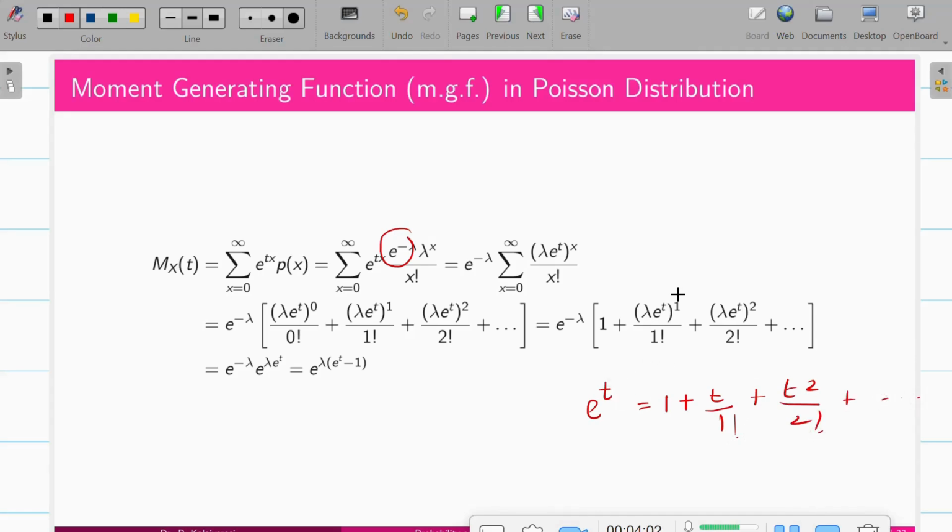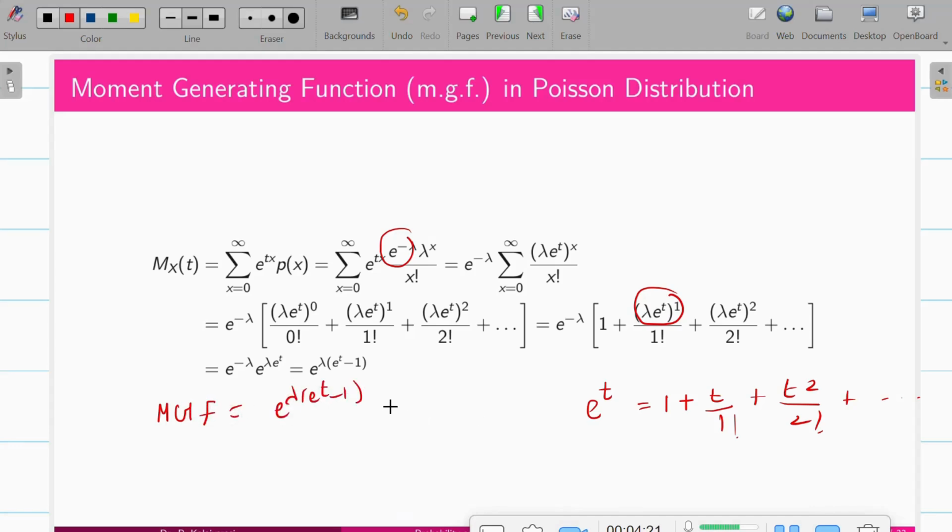Instead of t, here we have lambda e power t. So it is e power lambda e power t. As e is common, make it a grouping, so pull your lambda out, and it will become e power t minus 1. So the MGF of the Poisson distribution is e power lambda times e power t minus 1.